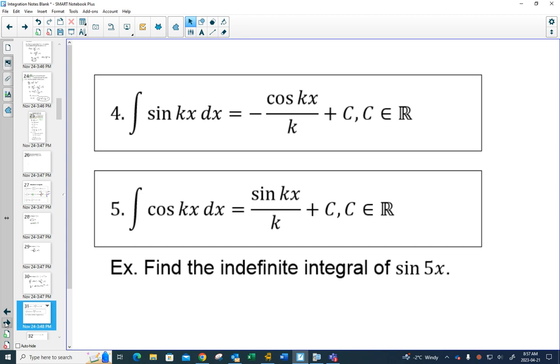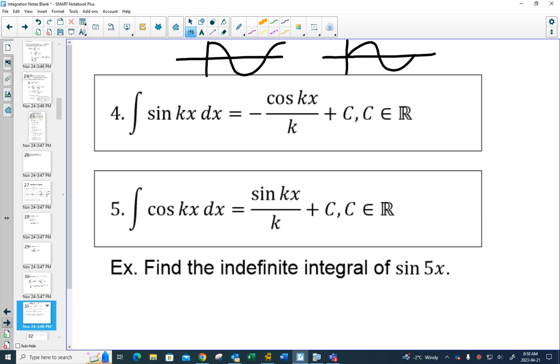So again, I don't know if you remember, but what I had suggested was, if you think about a graph of cos or the graph of sine, and you think about the tangents. There's the tangent at 0 for sine.